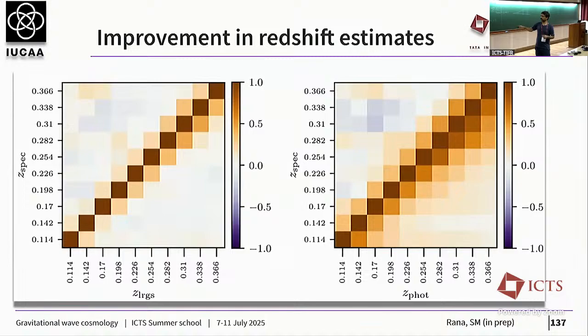Whatever the LRG redshift is, the photometric redshift is very close to the spectroscopic redshift. There's still some leakage, but it's much less compared to what you see here. So this way you can characterize these things, and then you use these galaxies to get the redshifts of your gravitational wave events.